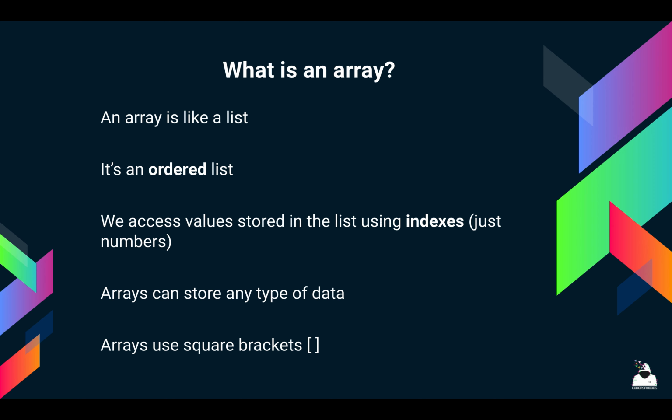So the first element in the array has the index of 0. Arrays can store any type of data. And arrays use square brackets. Other things also use square brackets, but generally, if you see square brackets, you think, that's an array, or I'm accessing some element on an array.